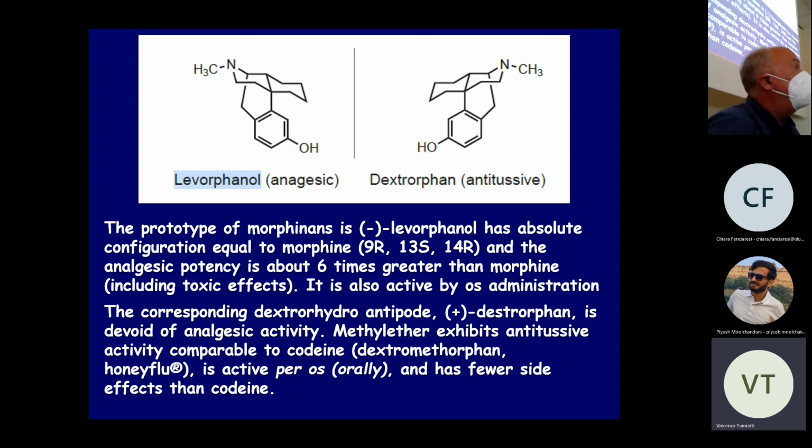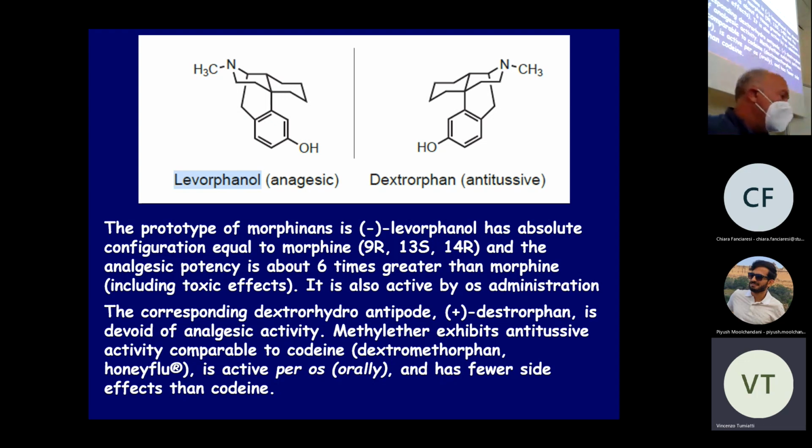If we have an infection in the lung, the infection remains. With the dextromethorphan, we can block only the cough. Because if we want to treat the infection, we have to use an antibiotic together with dextromethorphan.